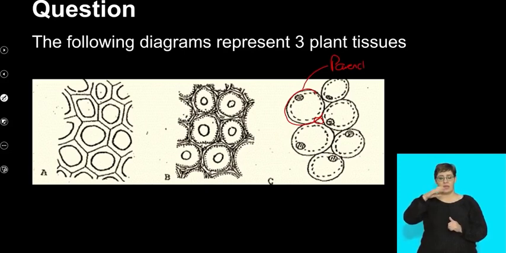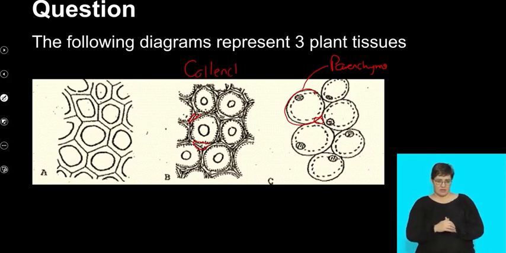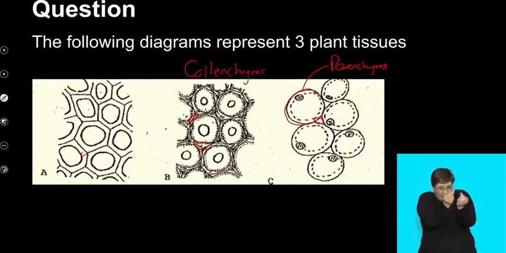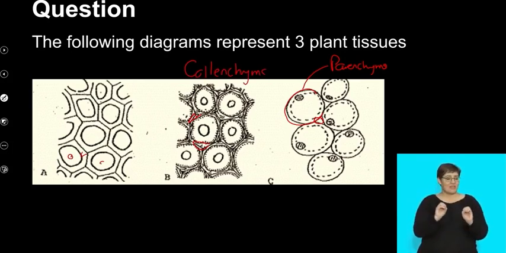Parenchyma. Thickened at the corners. Collenchyma. Look at this. Thickened, nothing. I can't see a vacuole, cannot see anything in between. What would that be? Sclerenchyma.